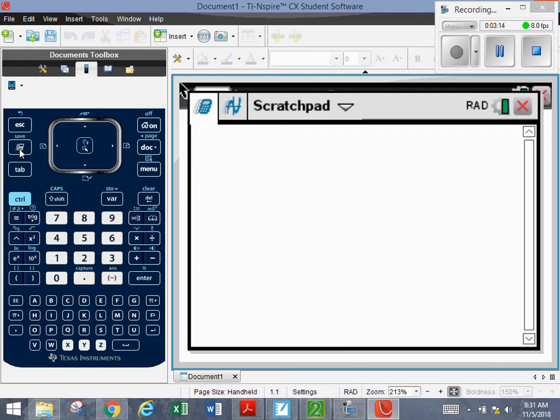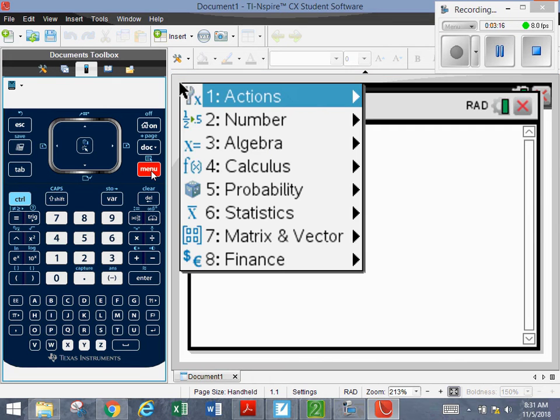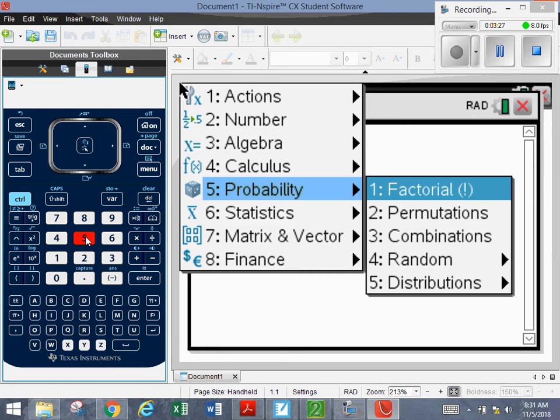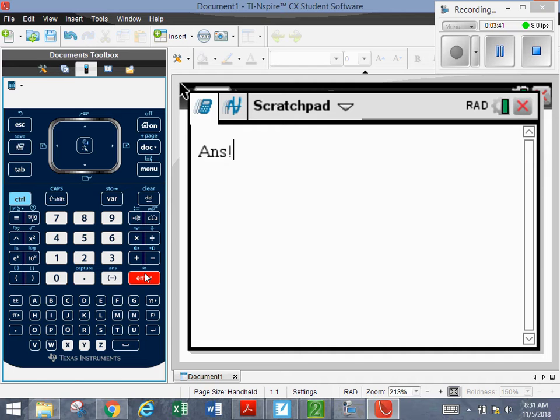So we're going to hit menu, and then hit probability. And that's where factorial is. All right, so hit the factorial.